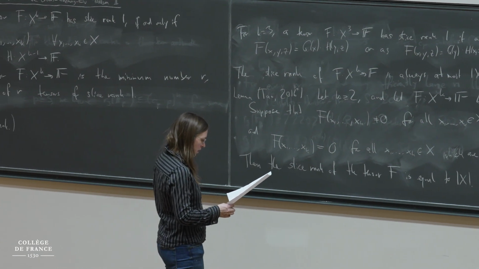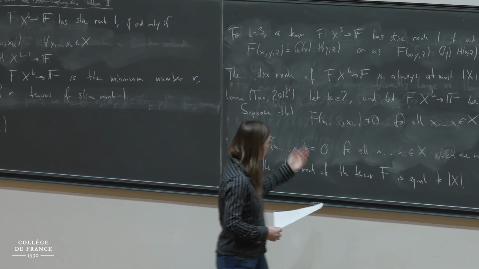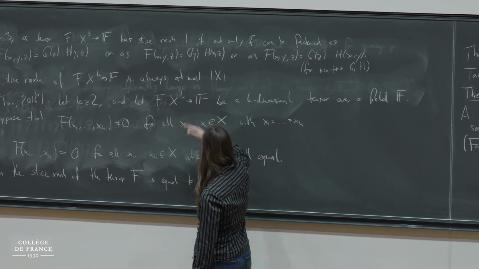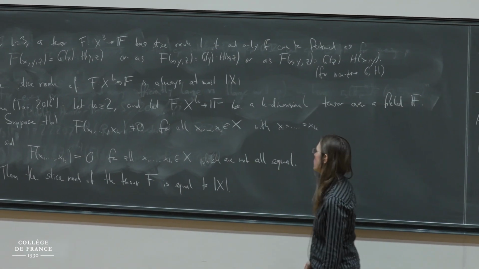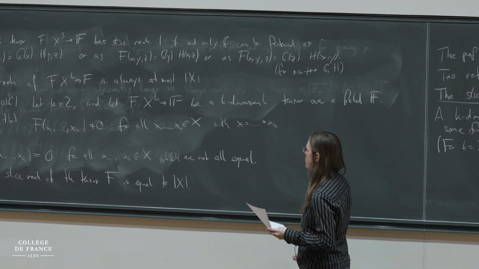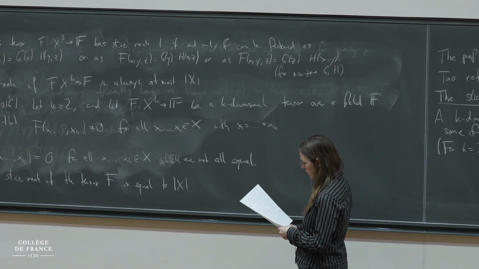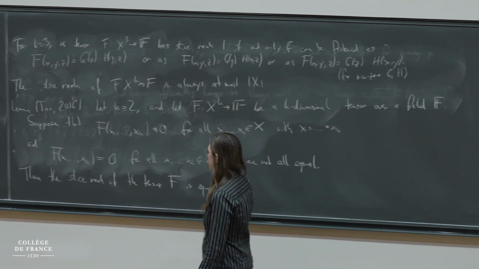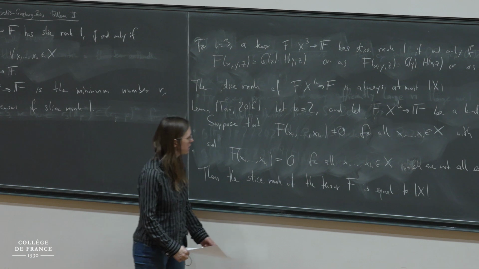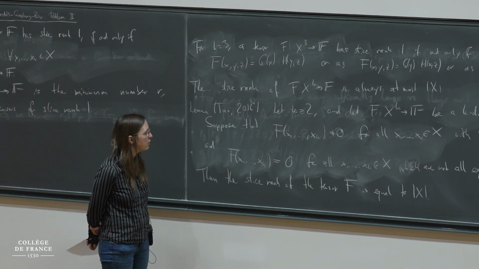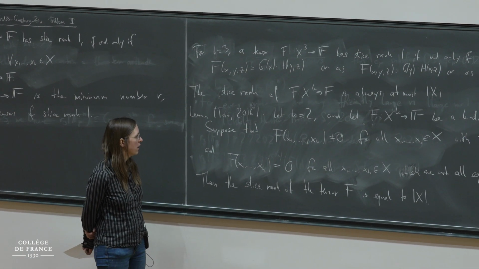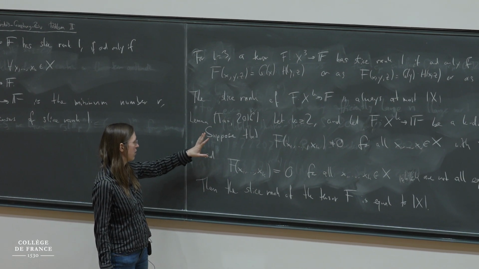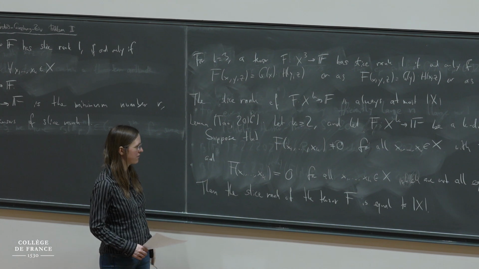Okay, so basically what this lemma tells us is that we get a lower bound for the slice rank of f, namely that the slice rank is actually equal to the size of x if the tensor is of the special diagonal form with non-zero entries on the diagonal. And just a few more remarks. In fact, it's quite difficult, if the tensor isn't of a very special form, to get lower bounds for its slice rank. There are some slightly more general lemmas which generalize this lemma to slightly more general classes of tensors.